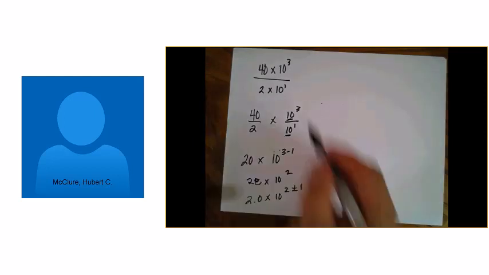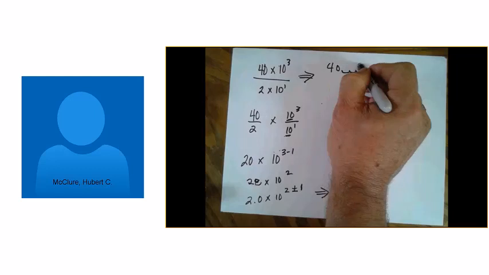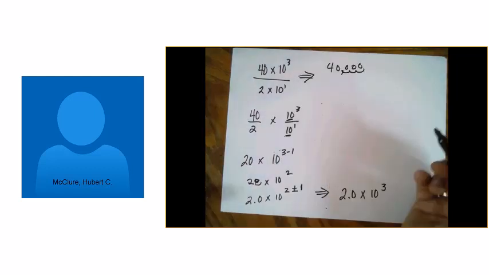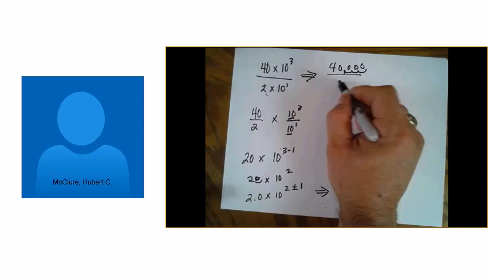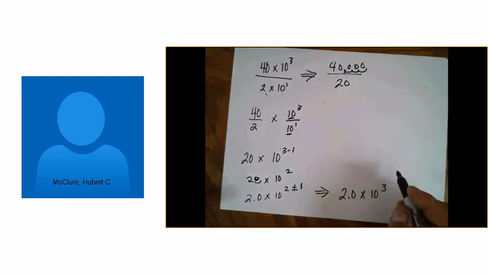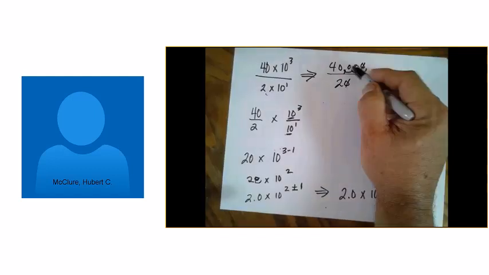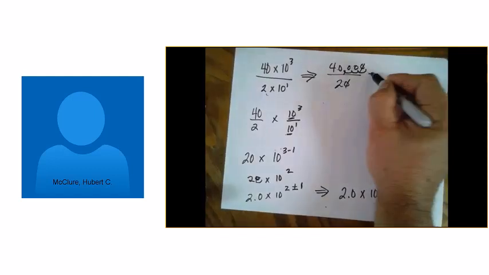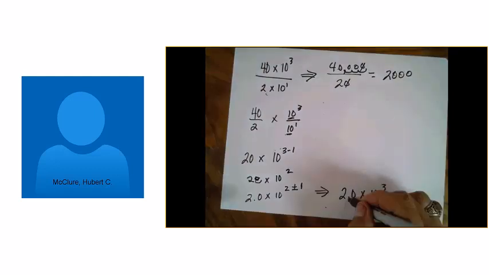Now, what did you actually do? You actually took 40,000, 1, 2, 3, and divided by 20. That's what you actually did, which would be 4,000 divided by 2, which is 2,000.